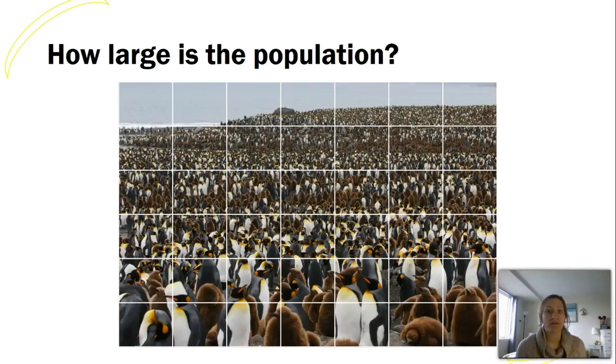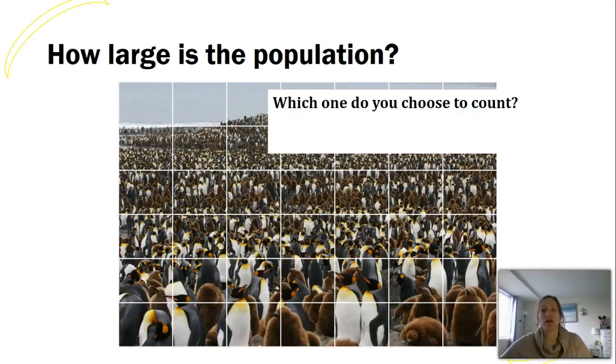They will grid off their ecosystem, their population, and then they choose a random box to count, or multiple boxes. Typically, your goal is to measure 10% of the area. So for example, we've got 7 by 6, that's 42 boxes, so we should count 4 to 5 boxes.